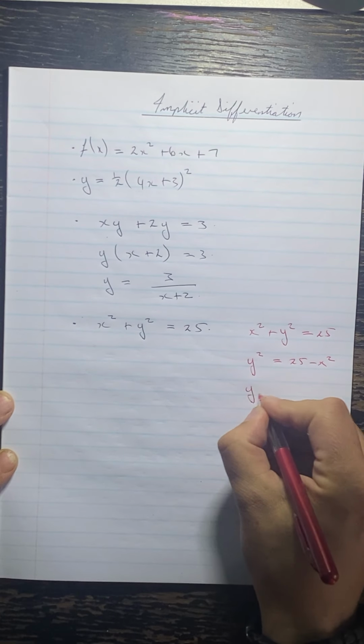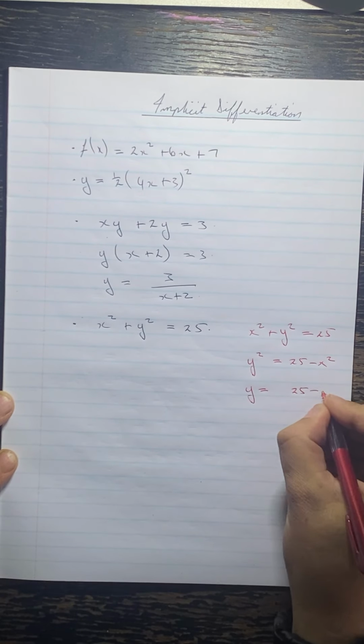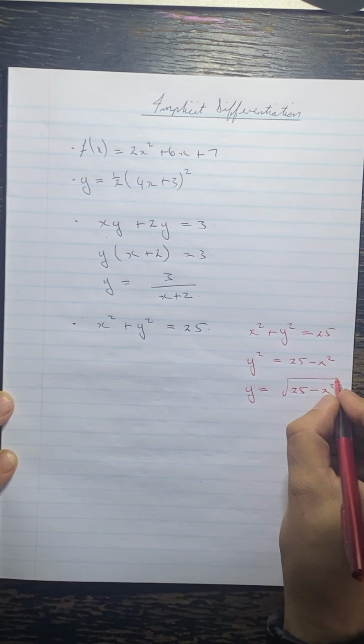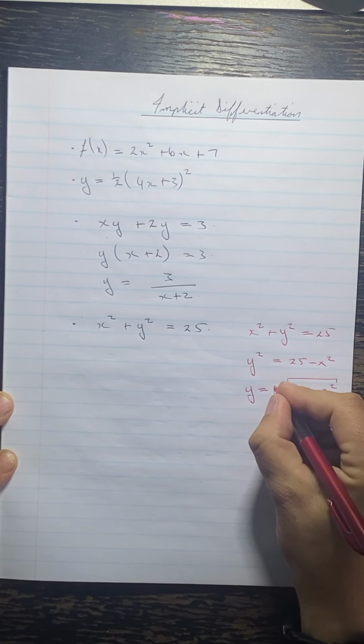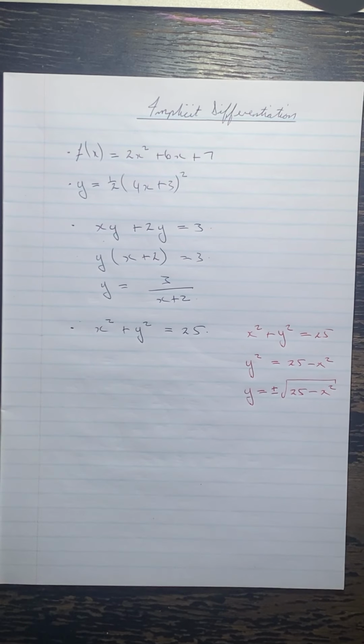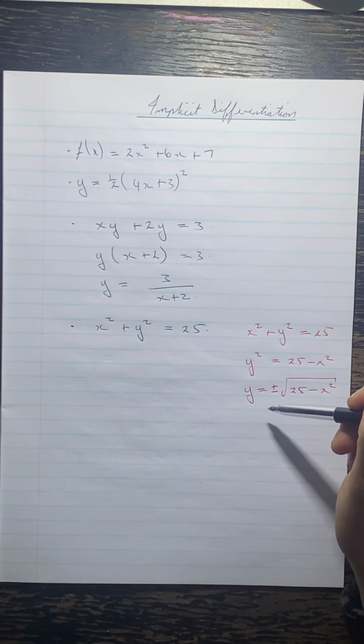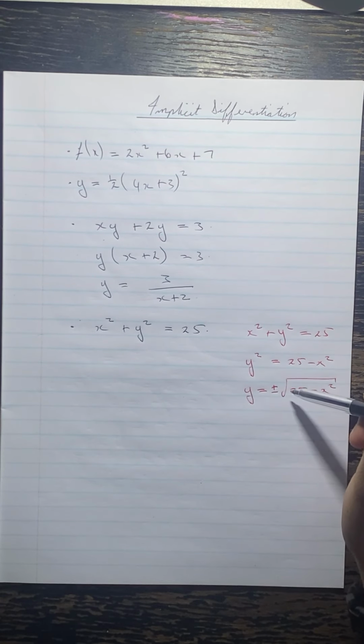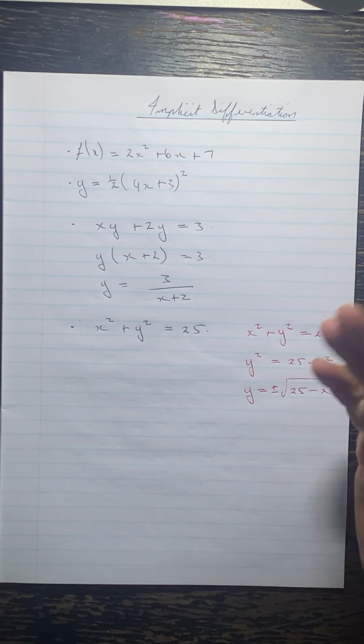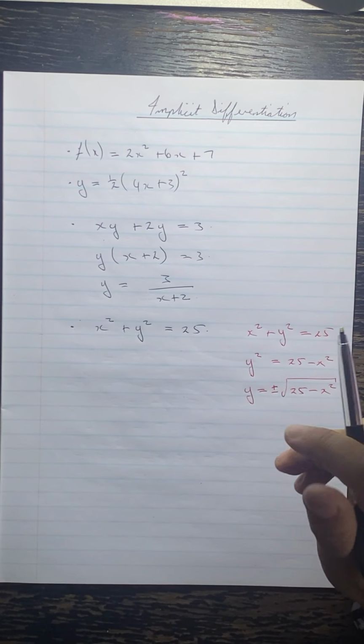Take the square root. But remember, if we take the square root, it's always plus or minus. So yes, we can get the y on its own, but now you see we've got two different solutions here: the positive root and the negative square root. So we'd have to differentiate two different times.